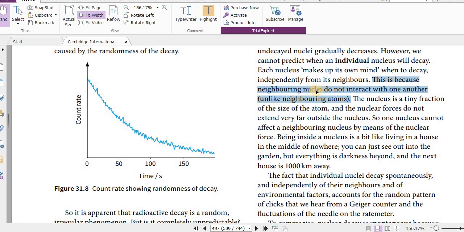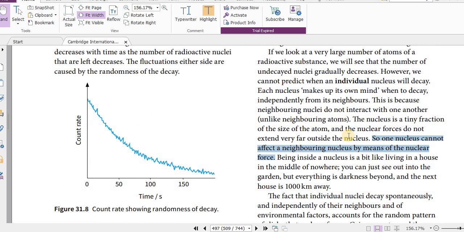So here nuclei do not, but atoms, you know, they can interact between them. The nucleus is a tiny fraction of the size of the atom, and the nuclear forces do not extend very far outside the nucleus. So one nucleus cannot affect a neighboring nucleus by means of nuclear force. So again you can write these are factors that do not affect.